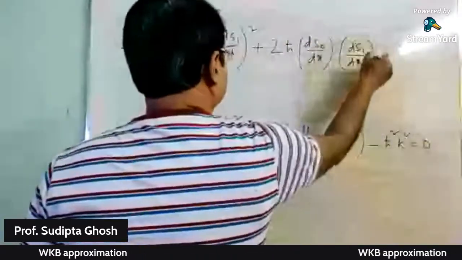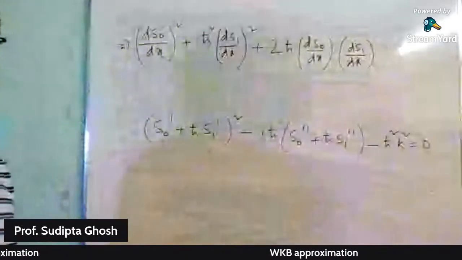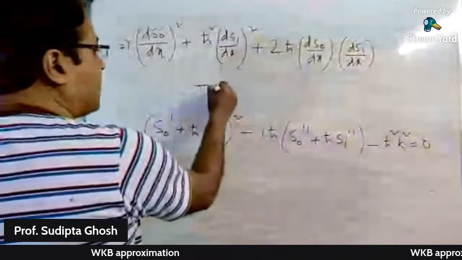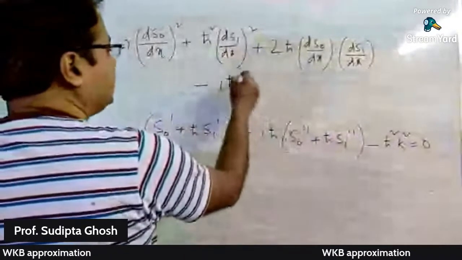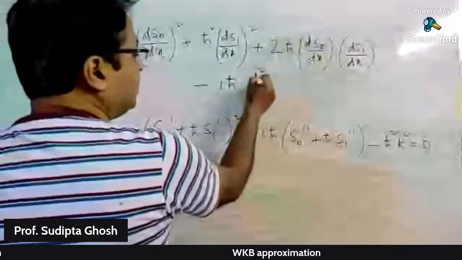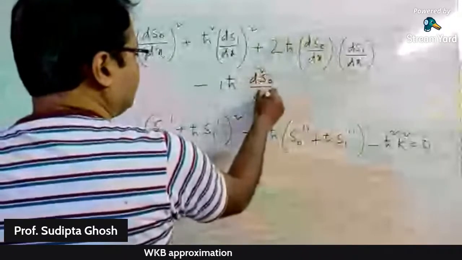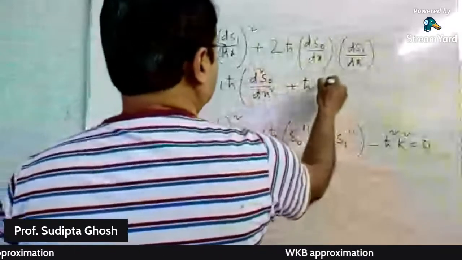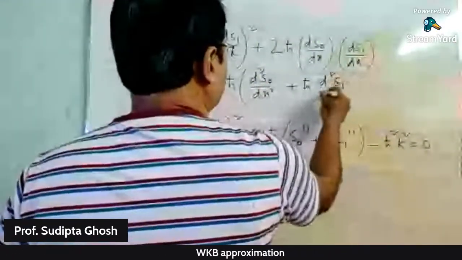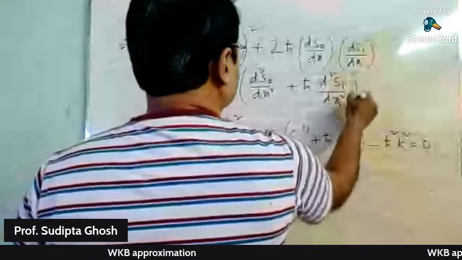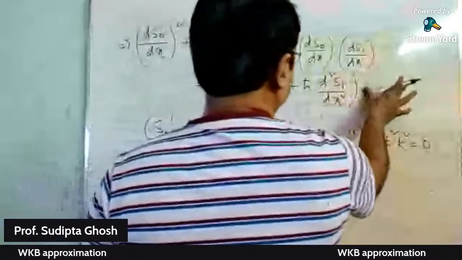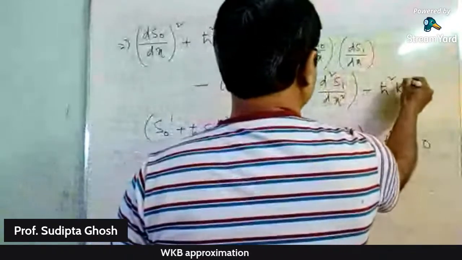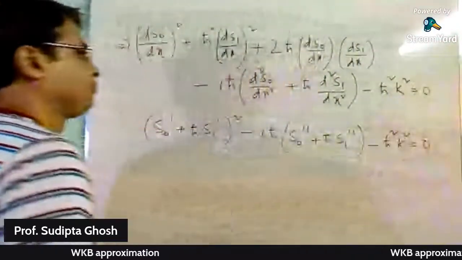So this is the expansion of (s0' + ħ s1')², minus iħ (d²s0/dx² + ħ d²s1/dx²), and then minus ħ² k² equals 0.